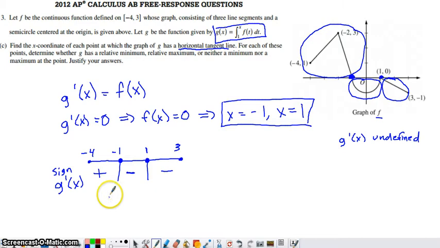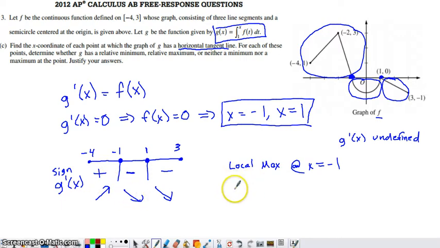What that means about the graph of g is that since g prime is positive on the first interval, the graph of g is increasing from -4 to -1, decreasing from -1 to 1, and then it does level off at 1, but it's still decreasing on the other side of 1. So what the sign chart tells us is that we have a local max on the graph of g at the x value of -1, right? Our function goes from increasing to decreasing as we cross that x. And then we don't have either a local max or a local min at the x value of 1.